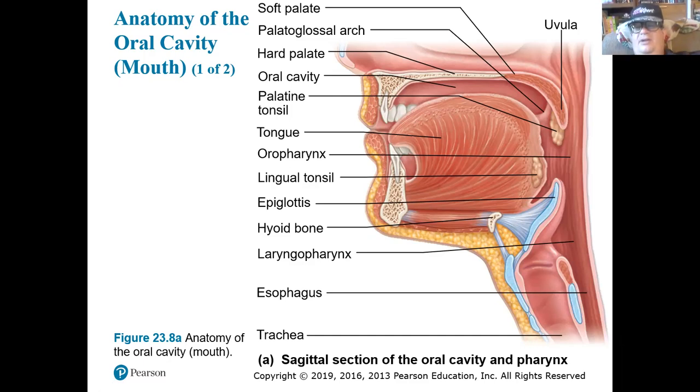Because the epiglottis is above the glottis, that's what the name means, it's covering this hole, this glottis, this opening. It forms a slide, and the food or liquid goes behind the glottis, and instead of going down the trachea, it goes down the esophagus. All right, so we've got that. Let's move on.